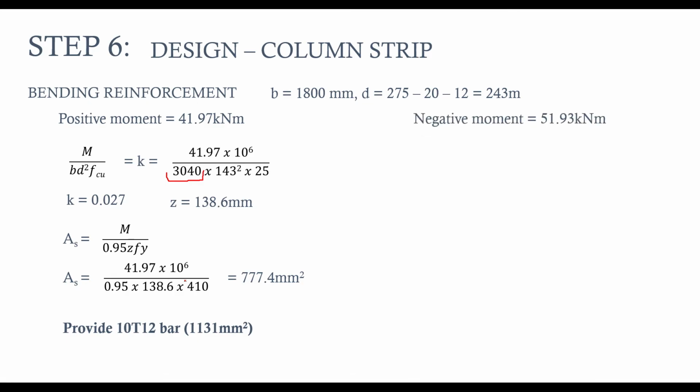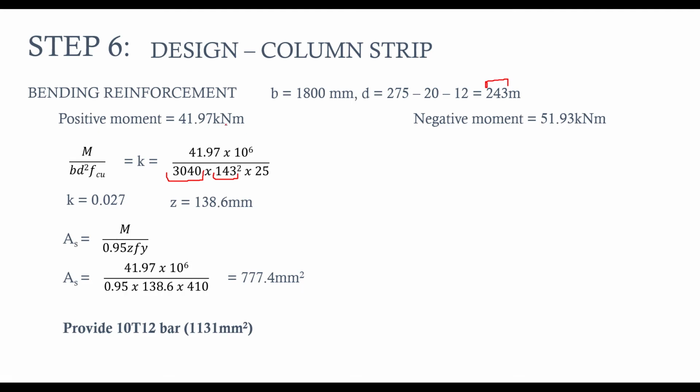So for the negative moment, if you notice closely, what we use for the D is also 143 instead of 243. This is because where we have the positive moment, that region has only the thickness of the slab. There's no drop panel in that place. So that is why the D is 143 instead of 243.